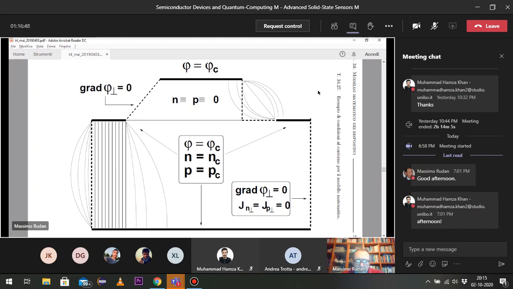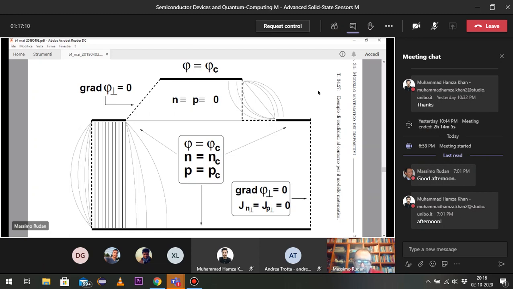When you cross a boundary like this, an interface between two materials, you have a change in the electric potential. And this change is sometimes referred to as the difference in the work functions of the two materials, okay?